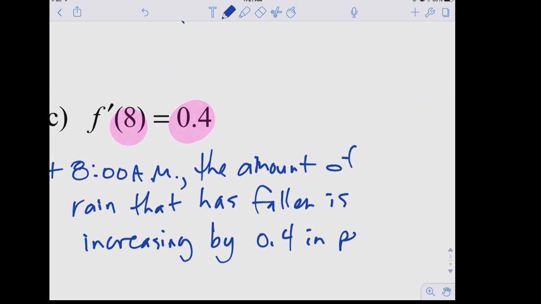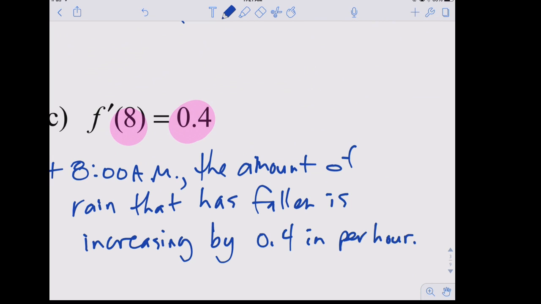Write it out. That would actually be preferred, yeah. Because now you're actually speaking specifically to the quantity, the words that they gave you in the beginning of the sentence. Would it be wrong to say that rain is falling by 0.4 inches per hour? It conveys the exact same thing.